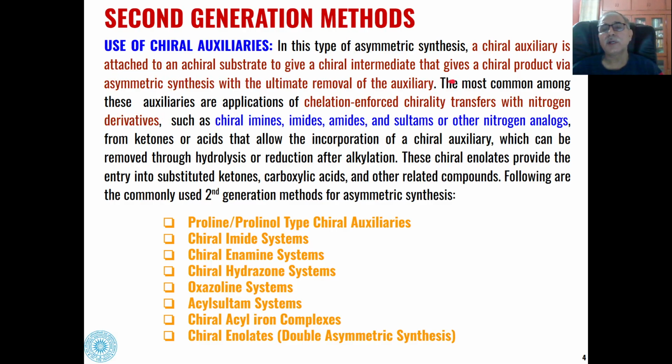Now, a chiral auxiliary is basically a chiral intermediate, which is attached to a substrate to give us a chiral intermediate, and that chiral intermediate will be converted into a chiral product through asymmetric synthesis, and ultimately the asymmetric product is formed by removal of the chiral auxiliary.